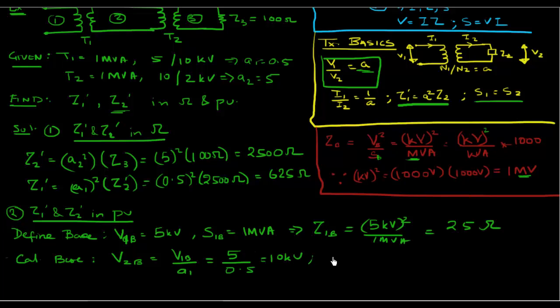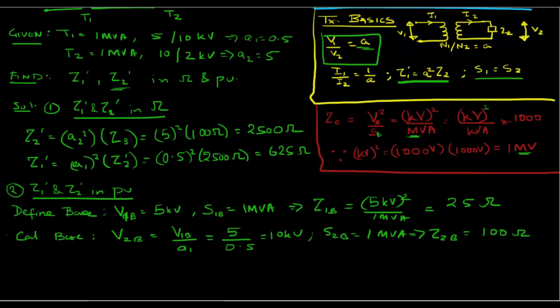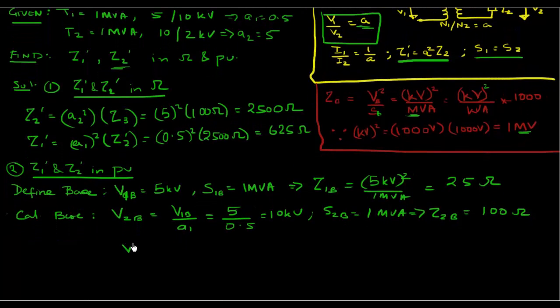Power remains the same. So my S2 base is also going to be 1 MVA, which implies my Z2 base is nothing but 10 square over 1, which is 100 ohms. Similarly, I get my V3 base as V2 base over A2, which is 10 over 5, which is 2 kV.